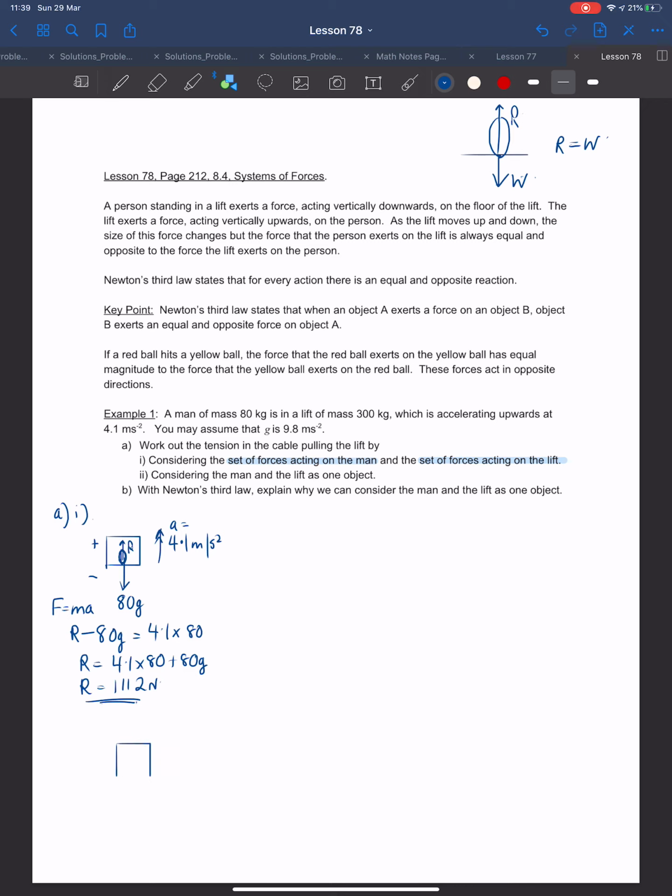And that's from Newton's third law, equal and opposite. Okay, so they can be ignored, and we can treat them as a single object.